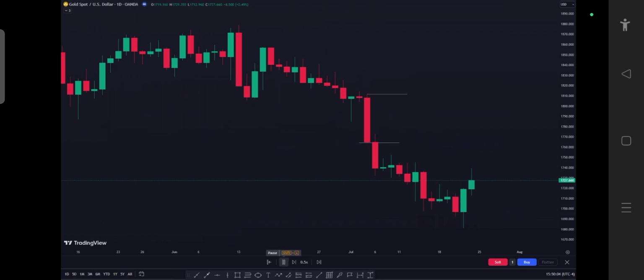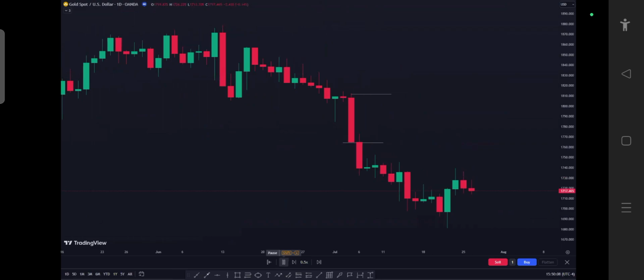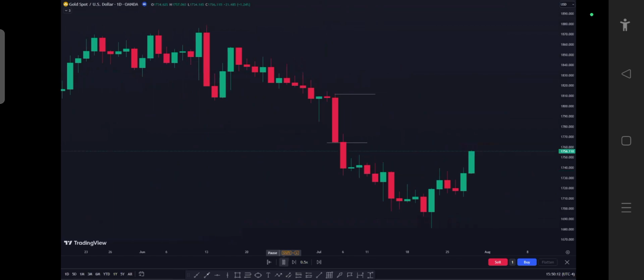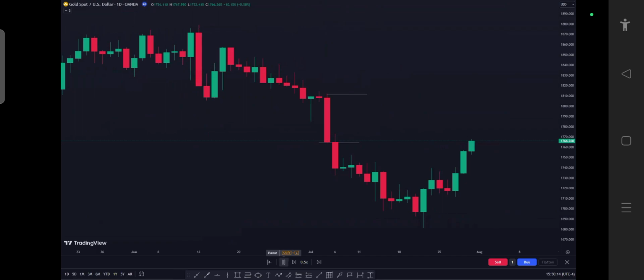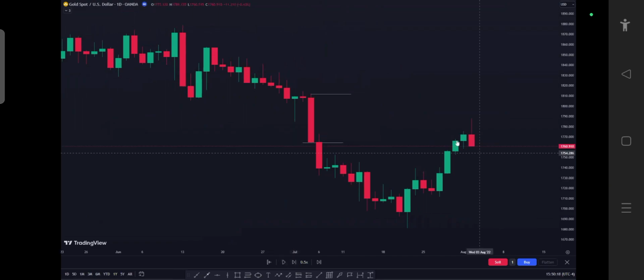Buy, buy, buy, buy, buy. We have not closed below this low. So four candles, so it was obvious to form a non-candle.